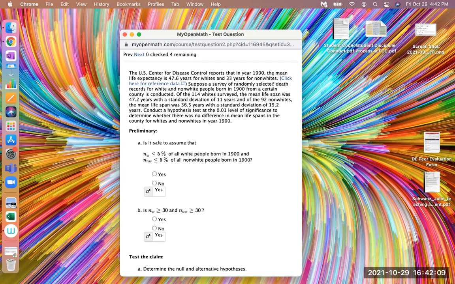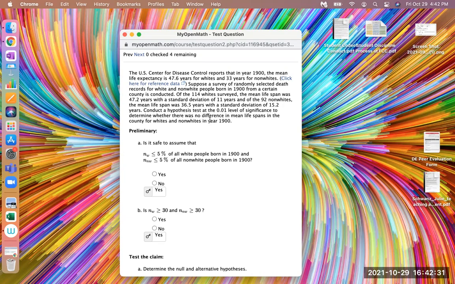Suppose a survey of randomly selected death records of white and non-white people from a certain country is conducted. Conduct a hypothesis test to determine whether there was no difference in the mean lifespan for white and non-whites in the country.